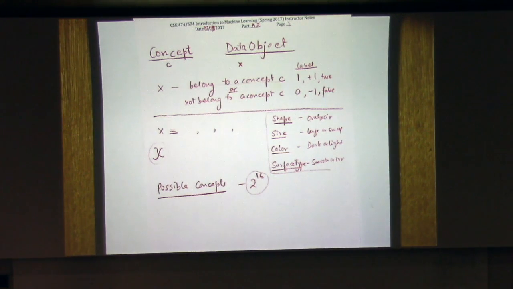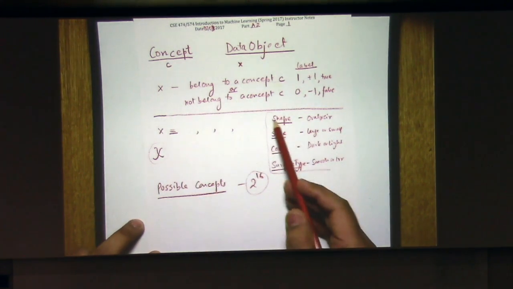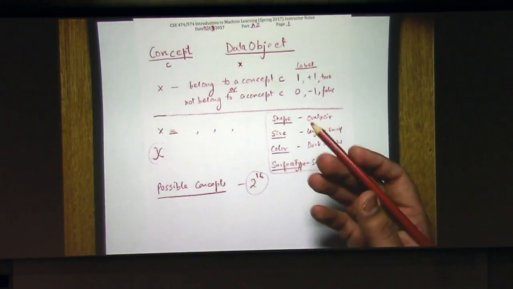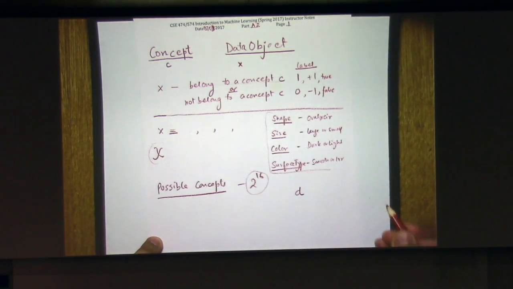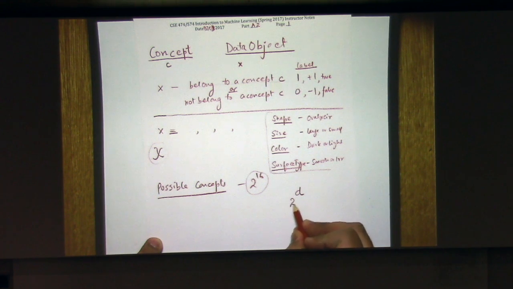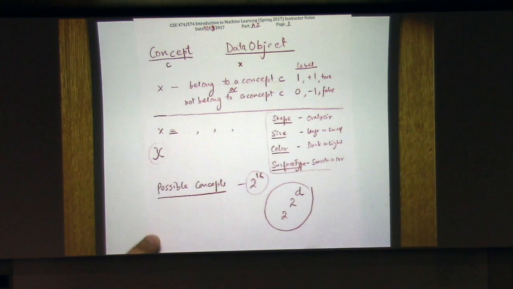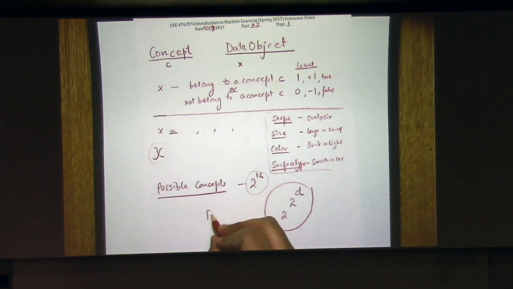If we want to generalize a little bit, so let's say instead of 4 variables or 4 features, our data is defined using d binary variables, then you can have 2 power d objects. That means that you can have 2 power 2 power d possible concepts, right? For d binary features, we can have this many possible concepts.